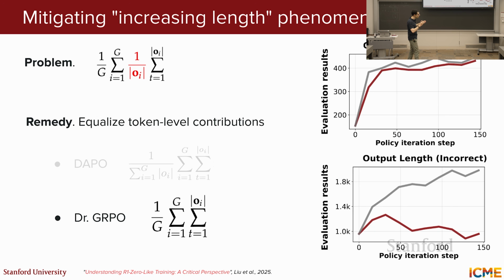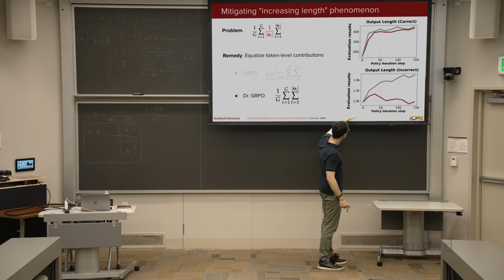If you look deeper, samples that are correct have a length matching the GRPO one, but for incorrect solutions, the corrected policy has an average length that's much lower than the ones from GRPO.